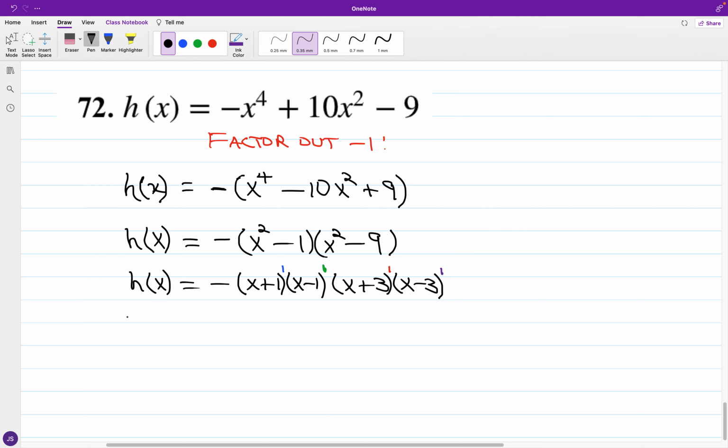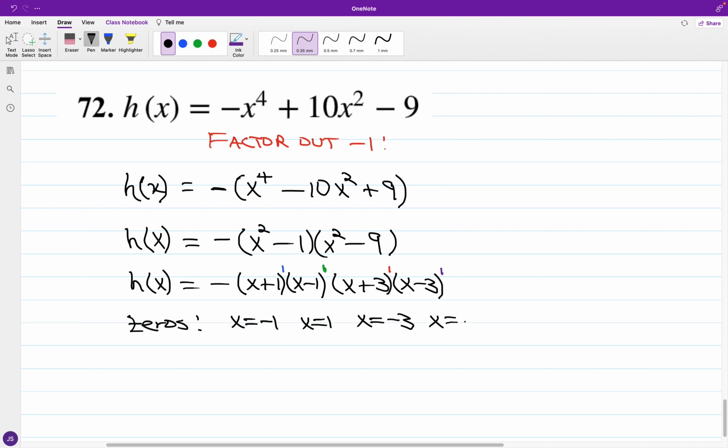And so for the zeros, from x plus 1, I have x equal to negative 1. For x minus 1, I have x is equal to 1. For x plus 3, I have x equal to minus 3.